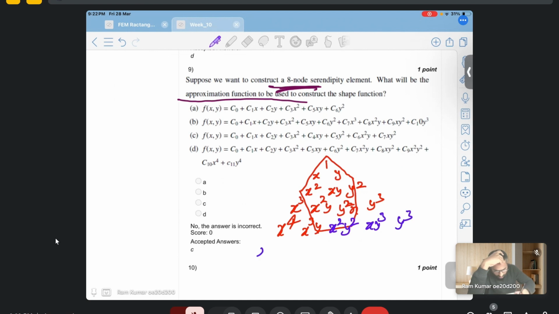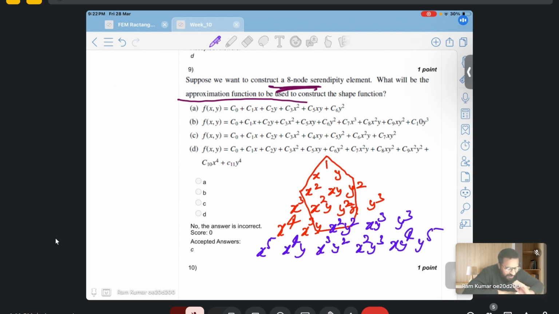Again it will be x5, x4 y, x cube y square, x square y cube, x y4.